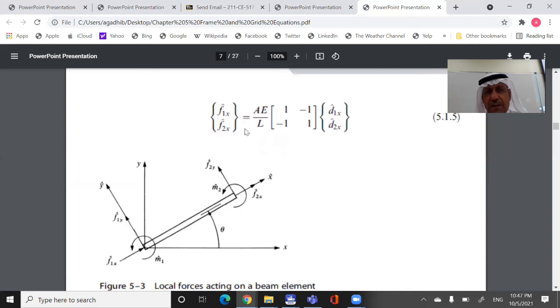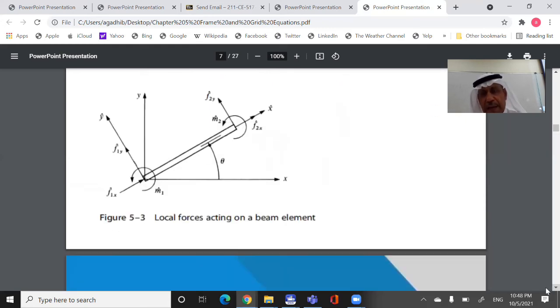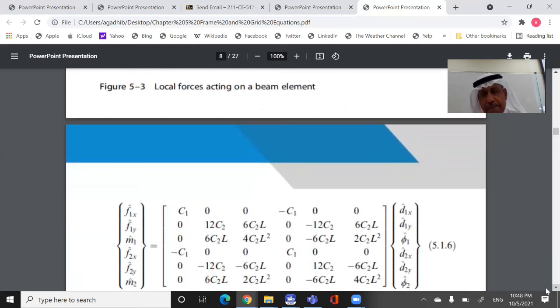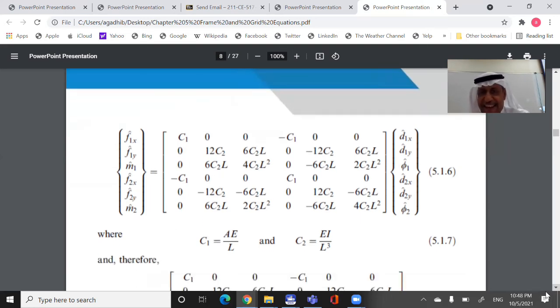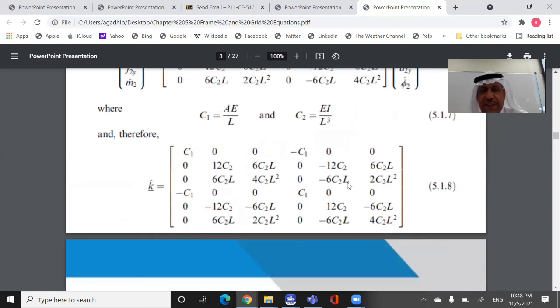What about if you want to include axial deformation? How many degrees of freedom? If you want to include axial deformation, 4? Really? Still, it will be 6 because the axial deformation has 2 components, one in the X and one in the Y. Anyway, at the end you will have this K, where you include both.